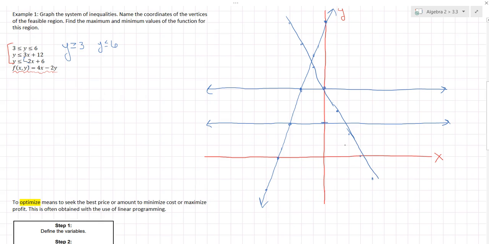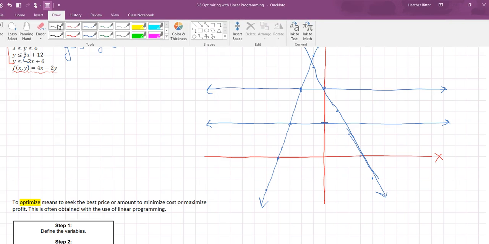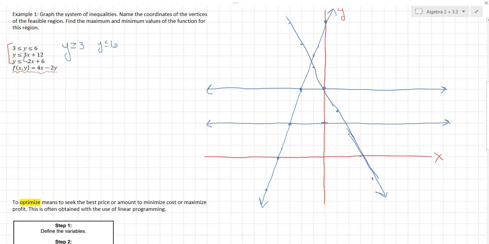And so when you're graphing these, then we have to figure out where we're going to shade. So this is greater than 3 and less than 6, so we're between the two horizontal lines, and then we're less than both the other lines as well. So we're going to shade in this trapezoid region.